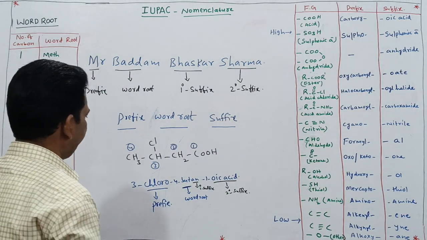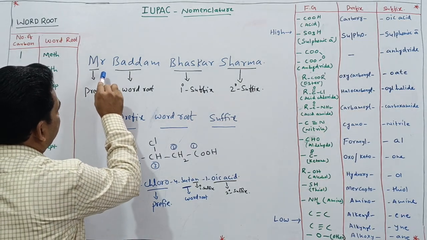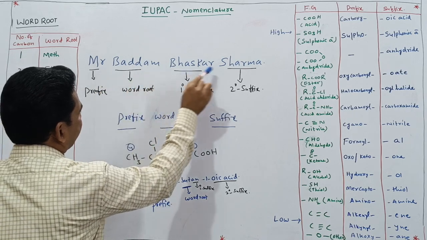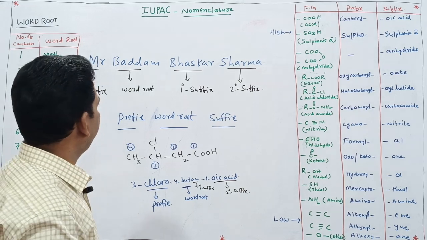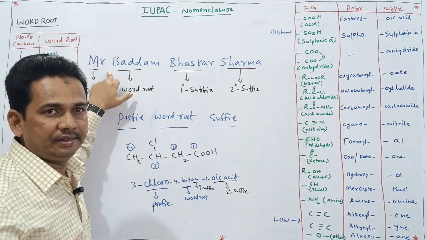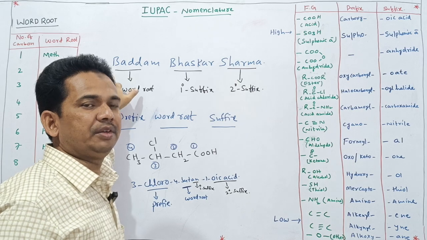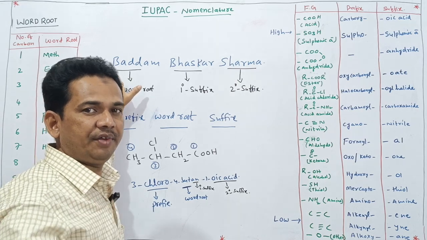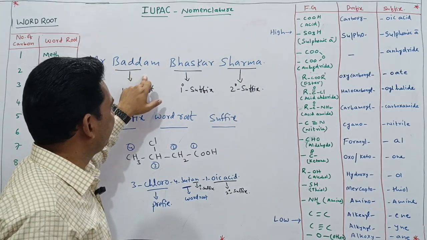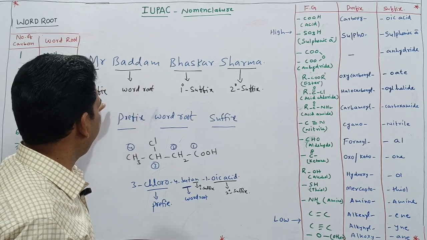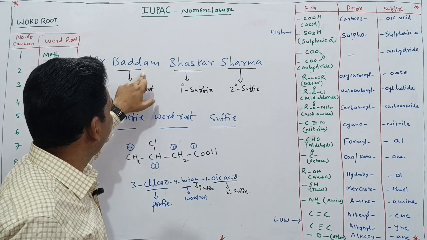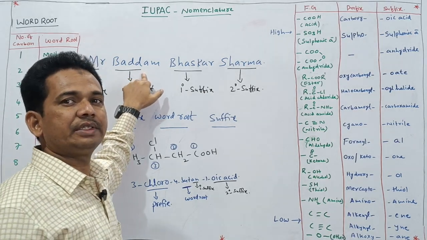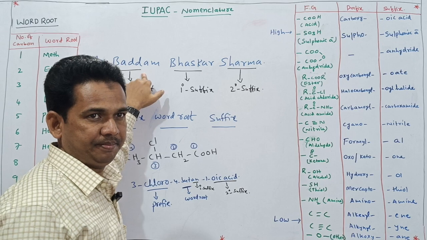Then see here what I told: Mr. Baddam Bhaskar Sharma. You might have observed that especially foreigners mention the title. Title means Mr. or Miss or Mrs. or whatever it might be. To the title we call the prefix. Then the word root is nothing but his main name.